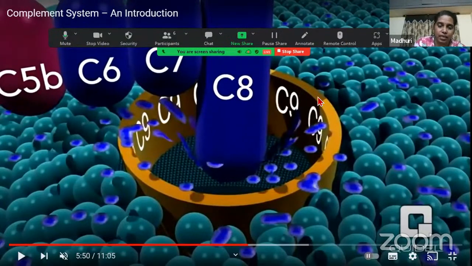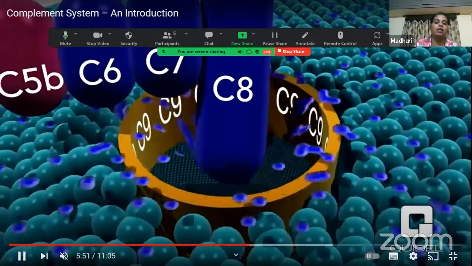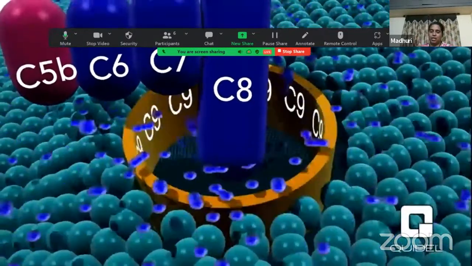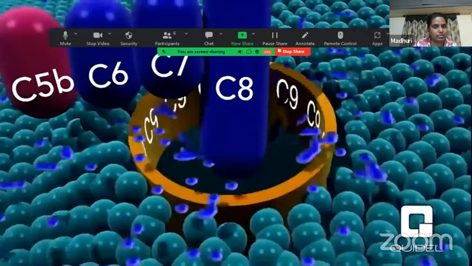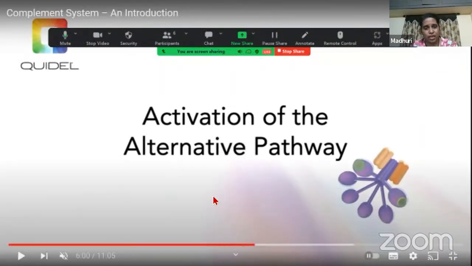So the small pore is formed by the C8 molecule. Later, the C9 molecule makes a bigger hole which allows easy passage of water molecules. That is, there will be osmotic differences outside and inside the microorganisms.